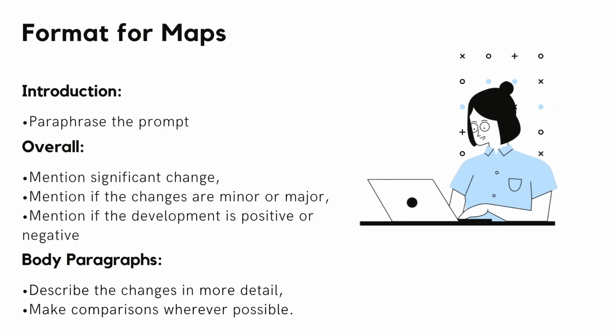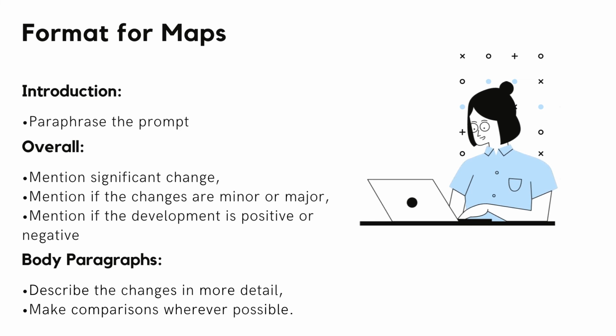Firstly, the introduction. In the introduction, like all the other task types, you paraphrase the prompt, and that is all for the introduction. Then you leave a space of 1 line before starting to write the overall. For the overall, you mention the significant change. That means very obvious and huge changes that are seen in the map.